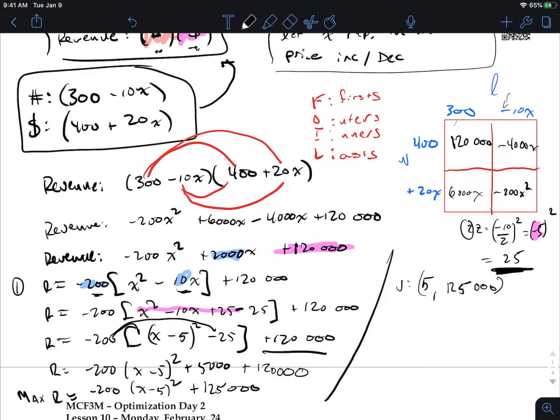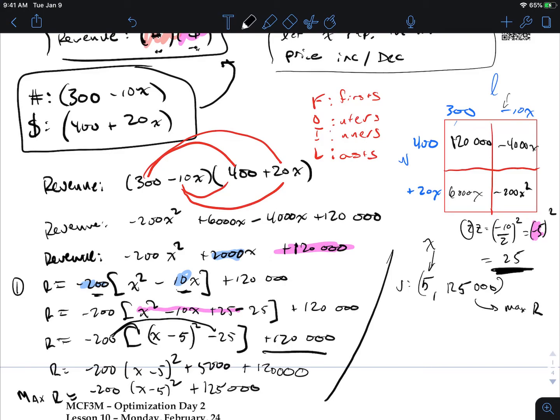It means my maximum revenue is $125,000, right? But what's the other piece of the vertex? Yeah, Hector. What the 5 is? How many times you can add $20 to the total before you start losing money.